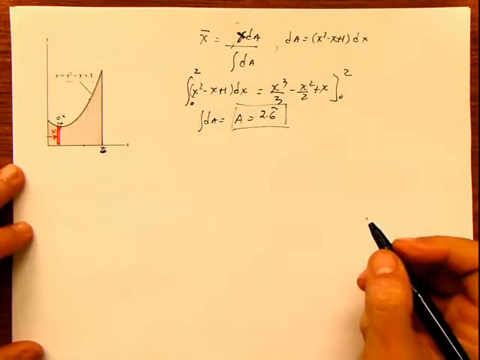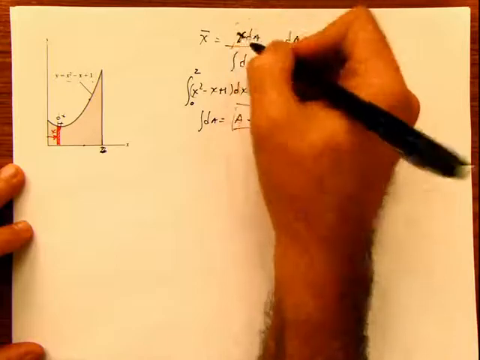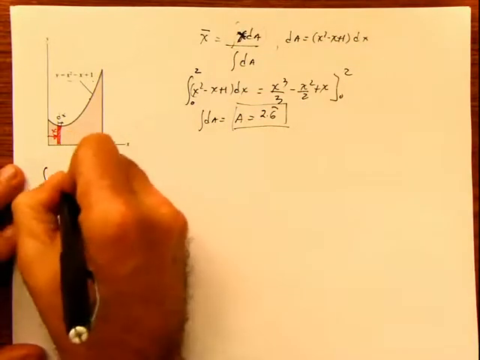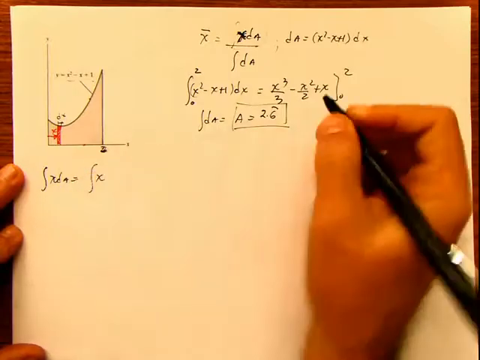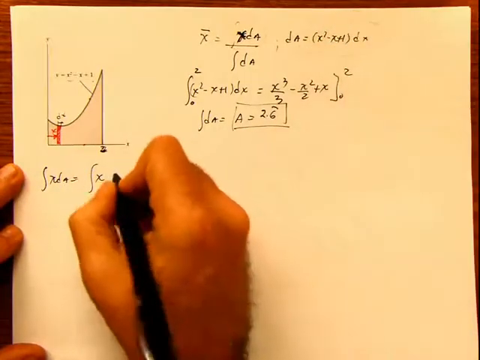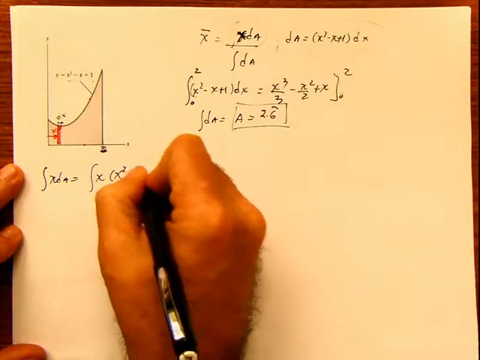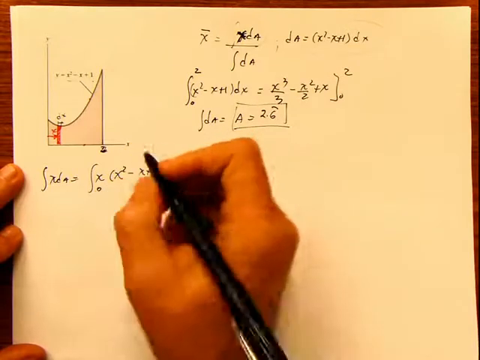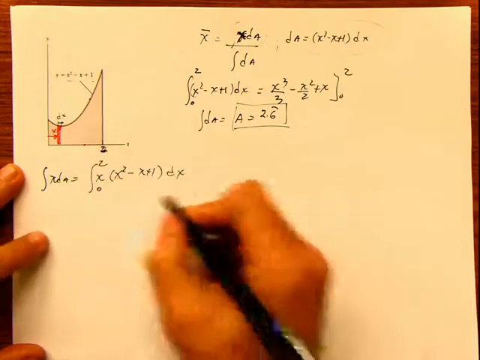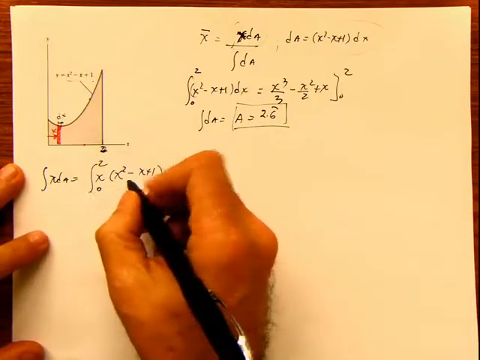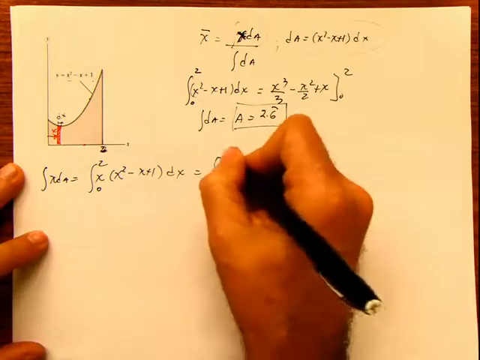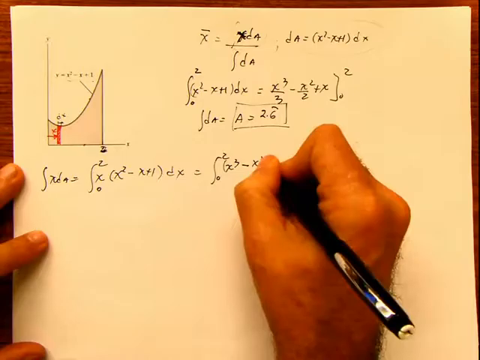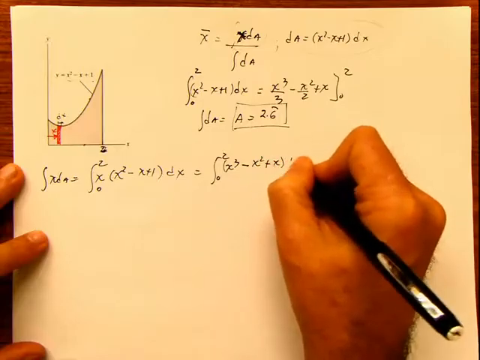Now, if I want to calculate the top part, the integral of x dA, it's going to be the integral of x multiplied by my dA, which is x squared minus x plus 1 dx, once again from 0 to 2. Then we solve for this, and this is the integral from 0 to 2 of x to the third minus x squared plus x dx.